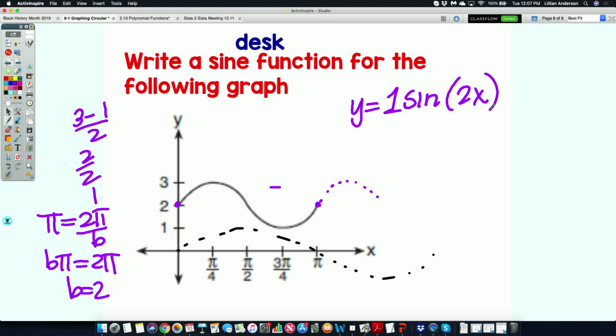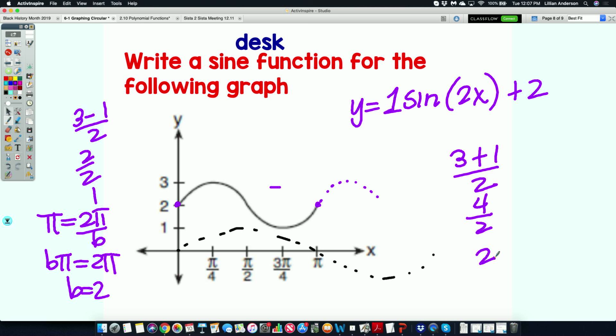Where does it start? 2. It's 0, 2. So what was your vertical shift? What was your D? It was plus 2. Even if you couldn't recognize it from there, you could have done the other formula, which is max plus min divided by 2, which is 4 over 2, which is 2. That's how you find your vertical shift. So that is your equation: y equals sine 2x plus 2.